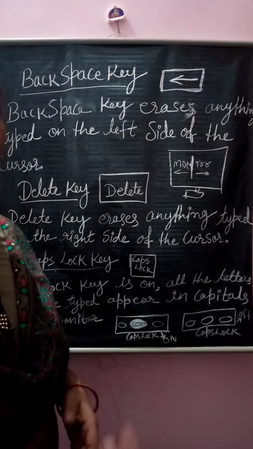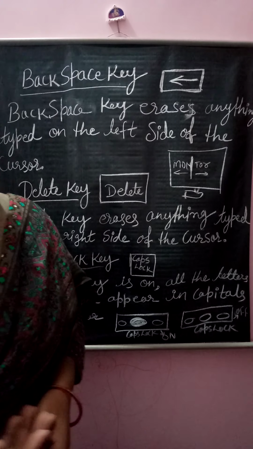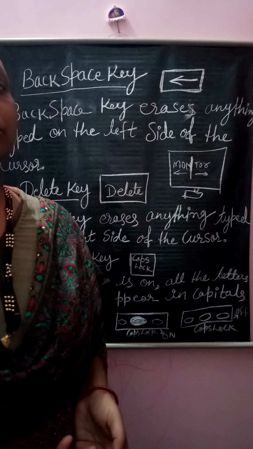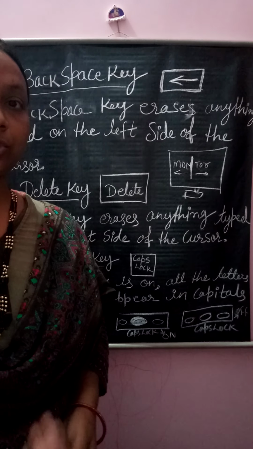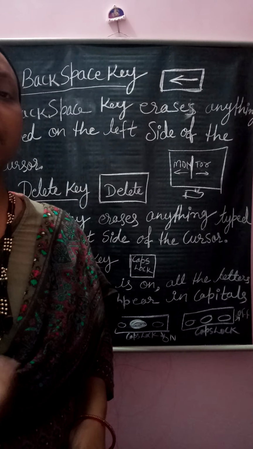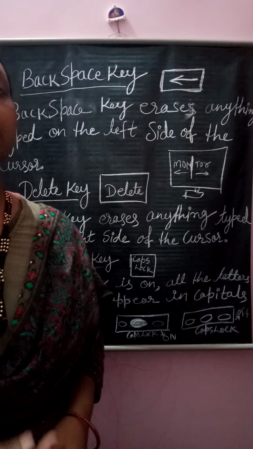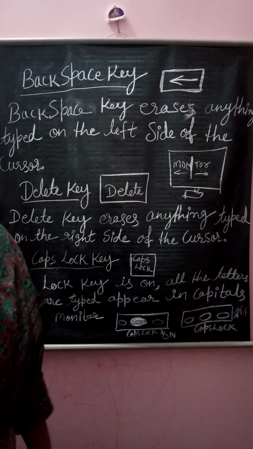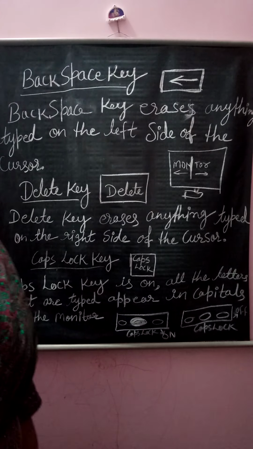Because whatever you are typing, you are getting on the monitor. So if you want capital alphabets on the monitor, you must switch on your caps lock. If you have switched off the caps lock, your keyboard is not writing capital letters. Instead of that, it will start writing small letters again.